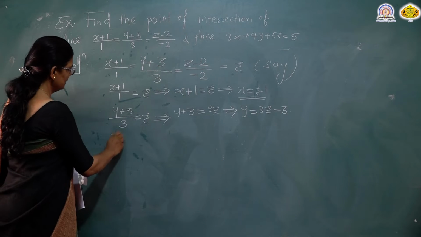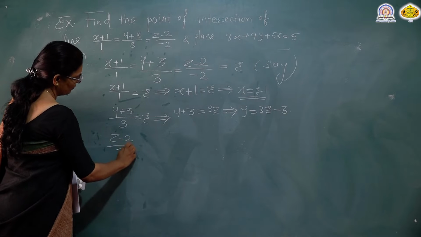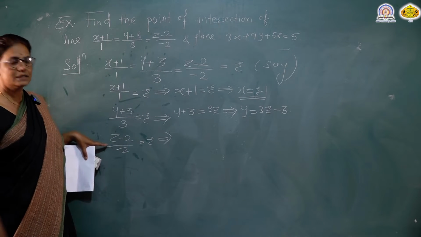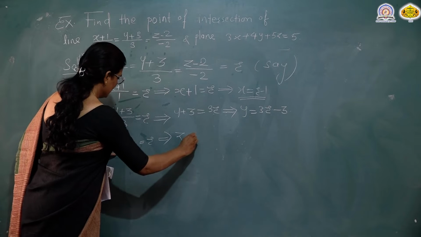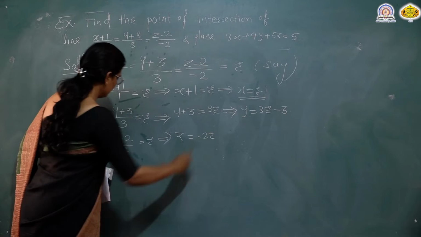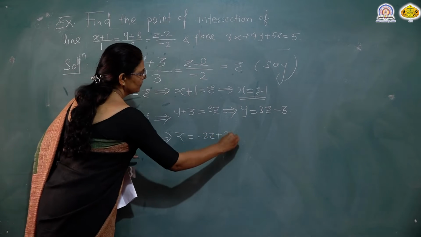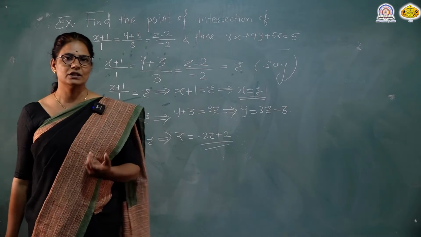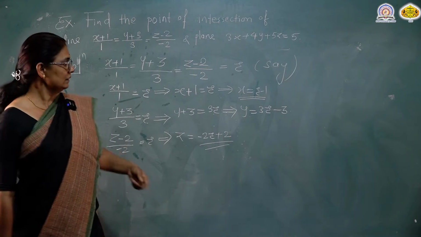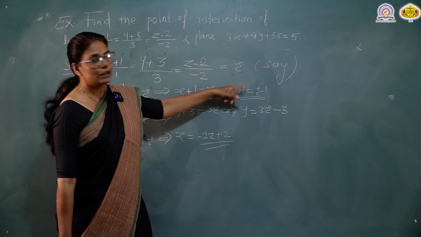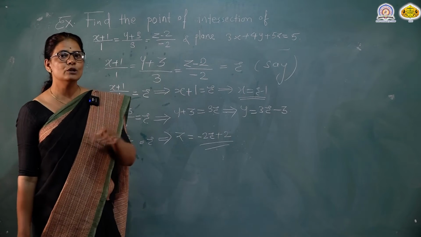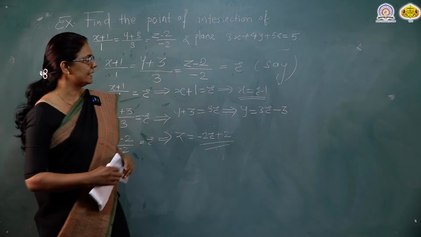Similarly do the last one. (z-2)/-2 = r. Now solve this for z. So we get z = -2r + 2. So these are the coordinates of the arbitrary or general point on the line, since for different values of r we will get different points on the line. This is our first step to find the arbitrary point of the line.